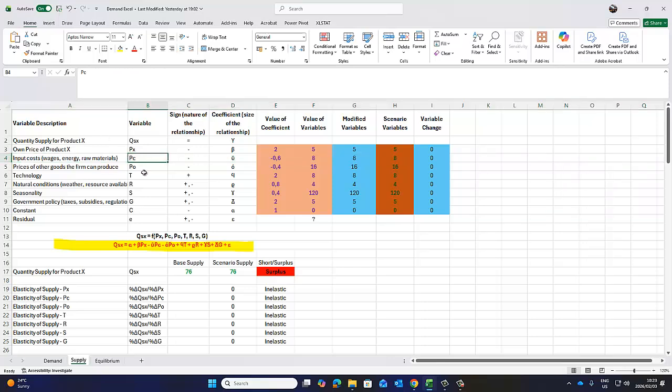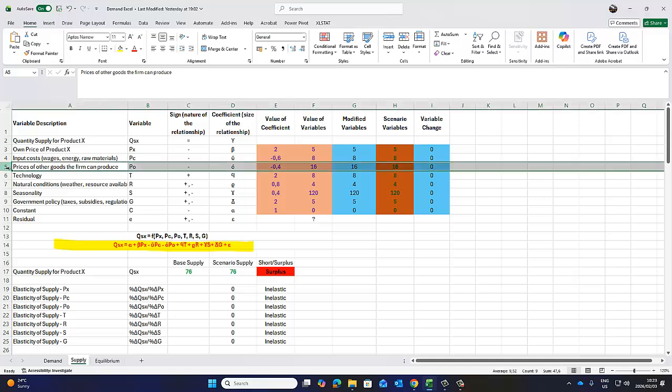Abbreviation is PC. Price of other goods the firm can produce, because in most cases, firms don't only produce one good or service, they do a couple. You go to the hair salon, you can do a manicure, a pedicure, you can do your nails, you can do hair, you can do facial, whatever the case might be. So it's the price of all other goods or services that the company can produce.